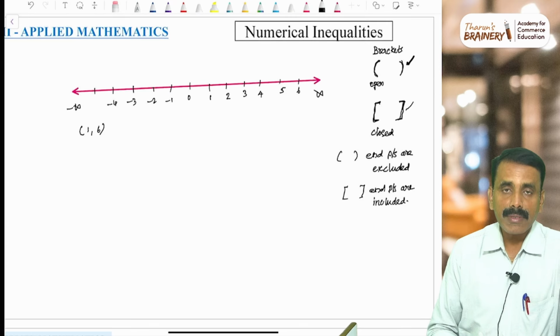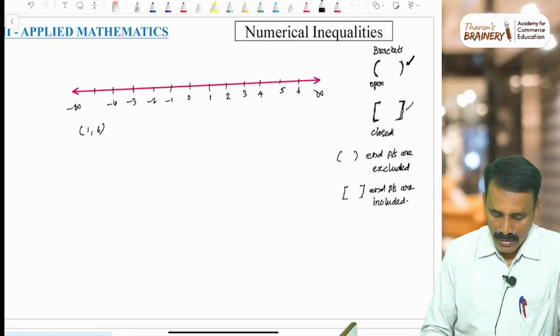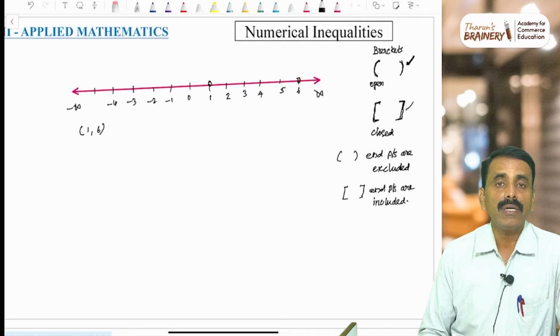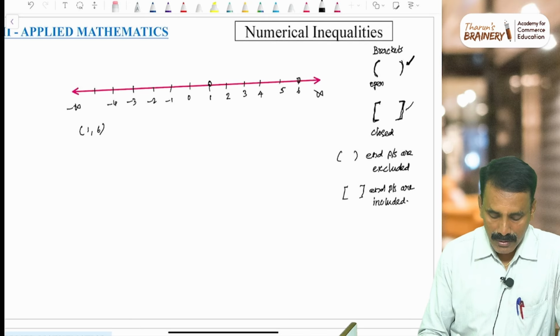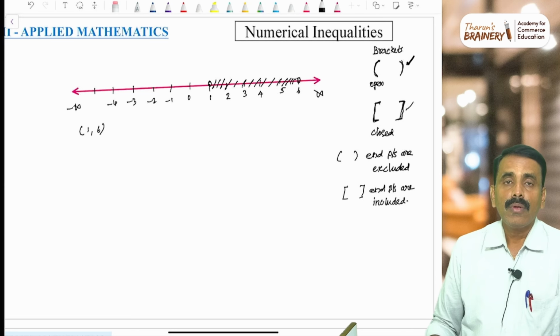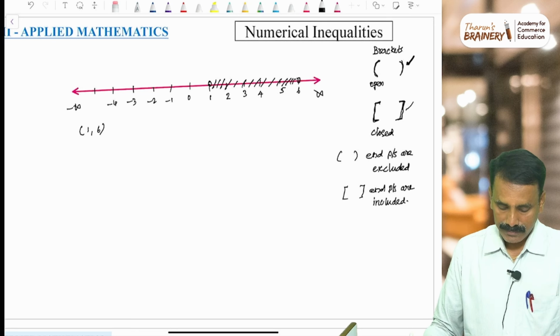Suppose I write open interval 1 comma 6. So the 1 will not be included and the 6 also will not be included. So we draw a circle. We won't shade it, it will be a circle, so that points are excluded. So all other points we are going to consider. This is called open interval 1 comma 6.